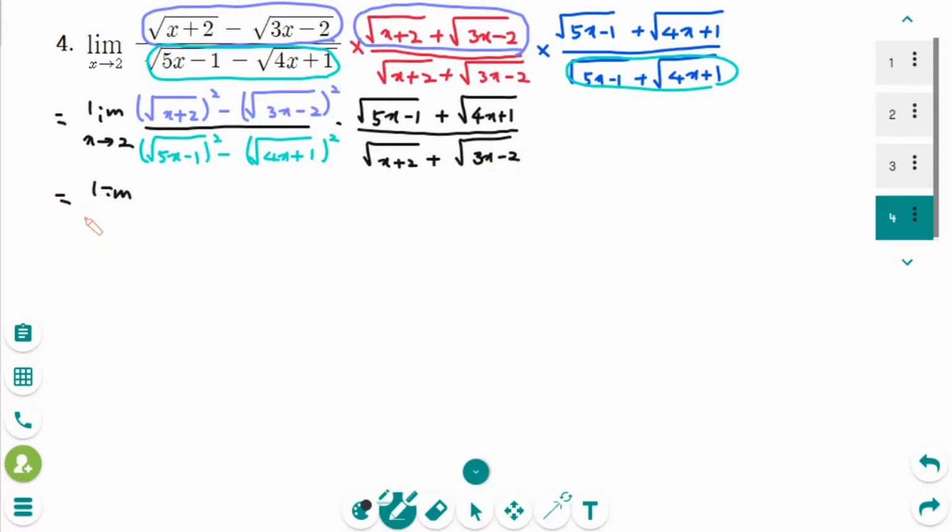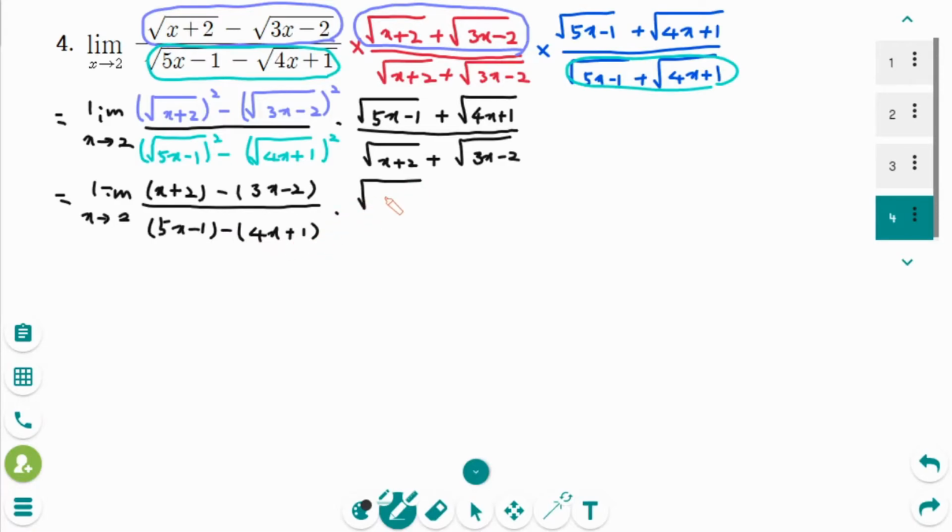Then limit as x approaches 2, expand x plus 2 minus 3x minus 2 over 5x minus 1 minus 4x plus 1, times, keep the second fraction, 5x minus 1 plus 4x plus 1 over square root of x plus 2 plus square root of 3x minus 2.